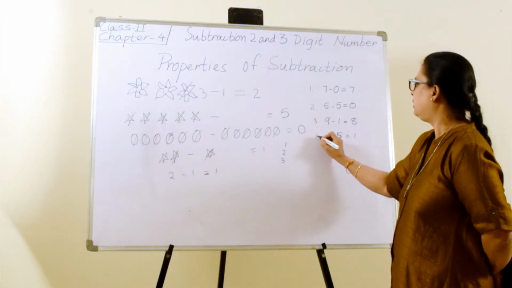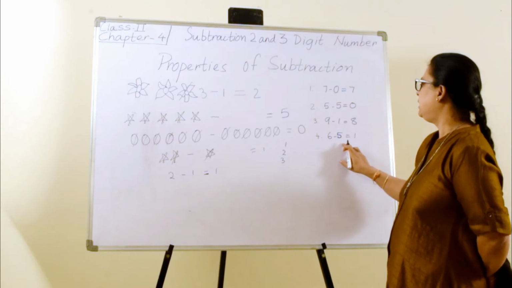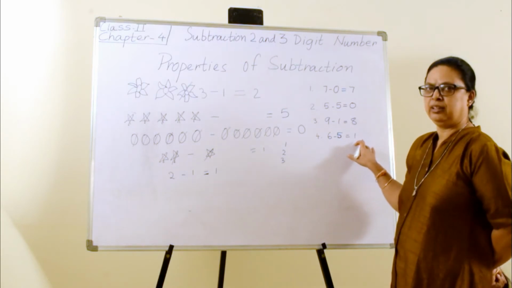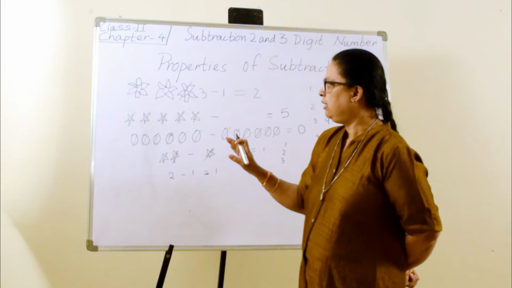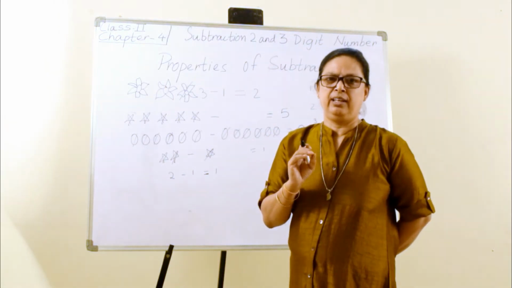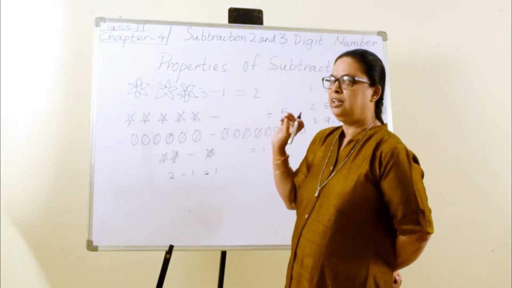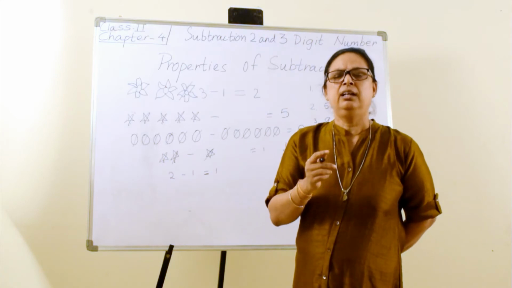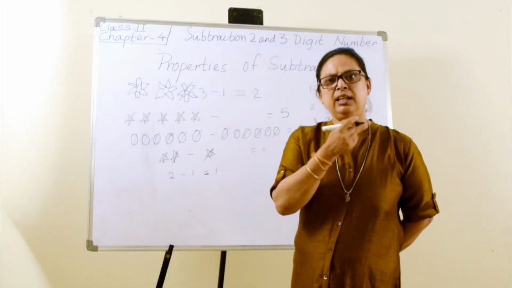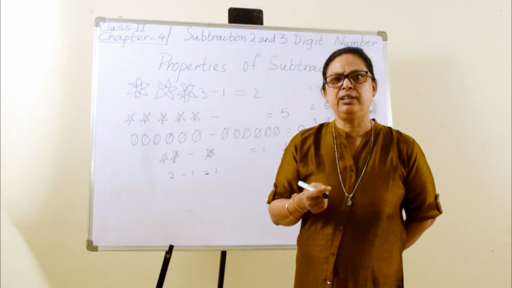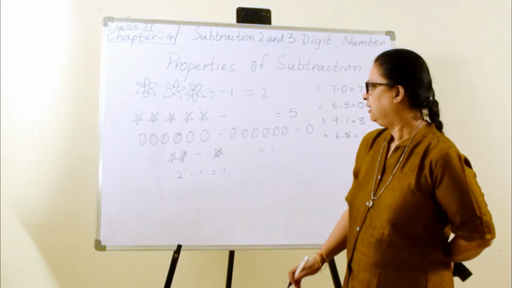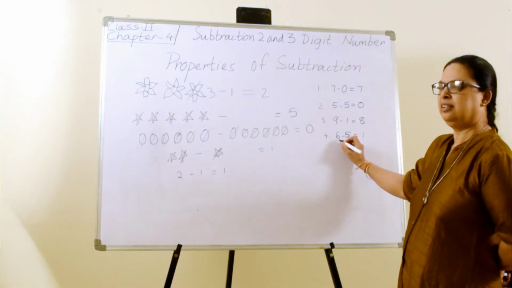Now the fourth fact or the property is 6 minus 5 is equal to 1. So when you subtract from any number its before number, the answer or the result or difference is 1. Now look at this number 6, right?